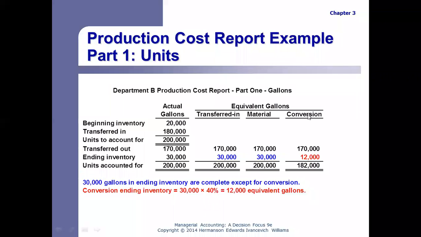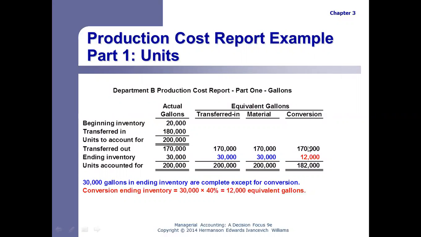Then we do the equivalent units of conversion costs. And remember, conversion costs are labor and manufacturing overhead. If 170,000 was transferred out, that means it's complete. It's only transferred out if they're done. So if they're done, that must mean all the labor has been put into it.